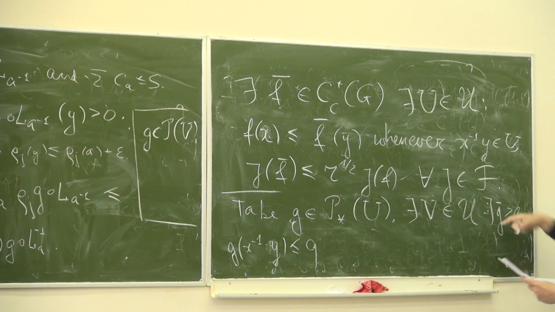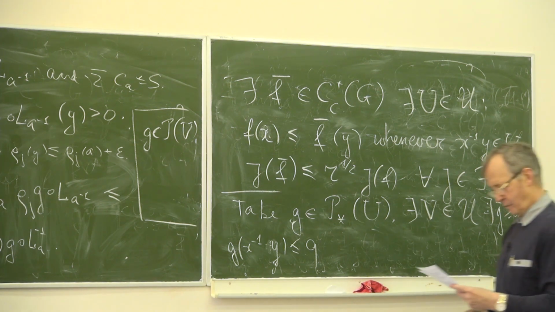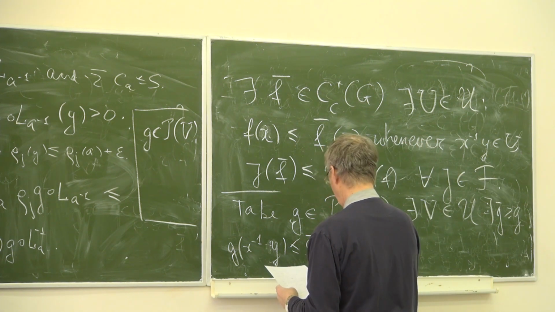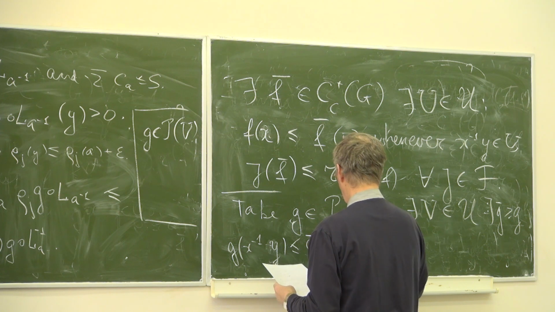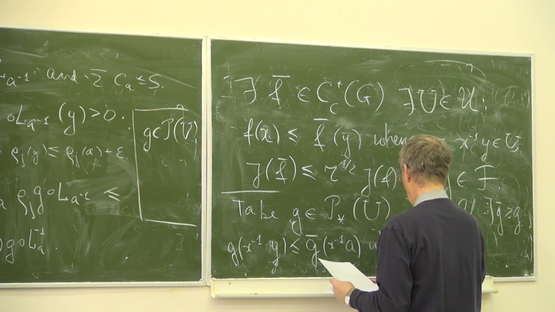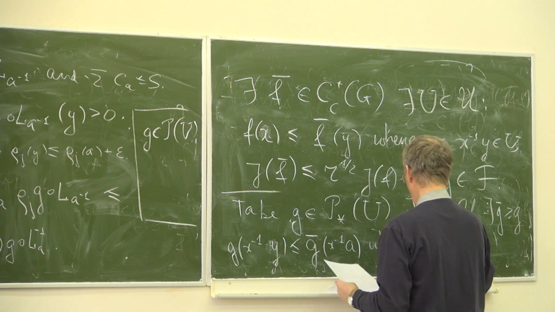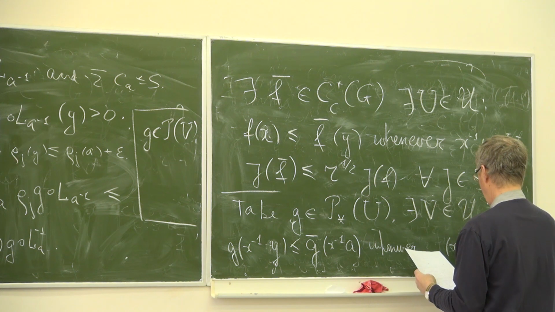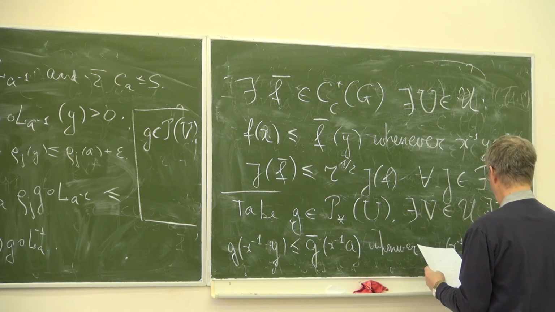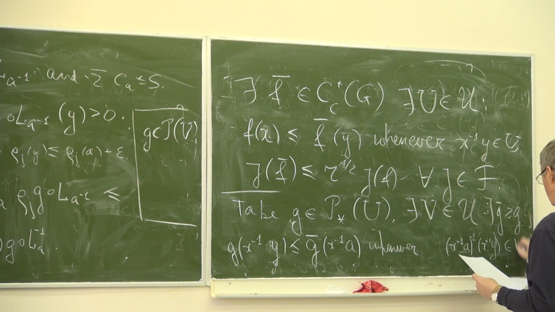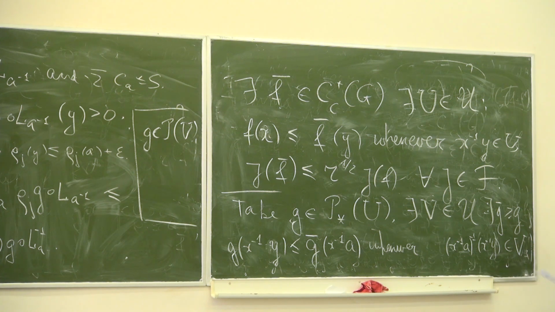Again, we take a majorant. Again, that lemma plays some role. So this is dominated by g bar of x to the power minus 1 a whenever a to the power minus 1 x to the power minus 1 y is in V. Okay?